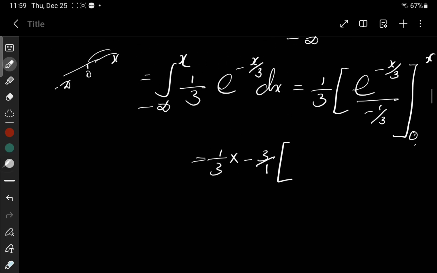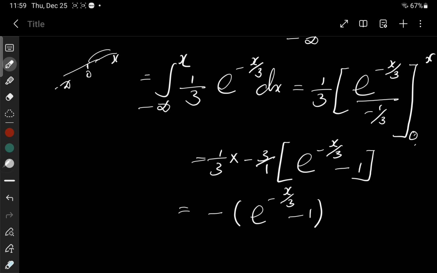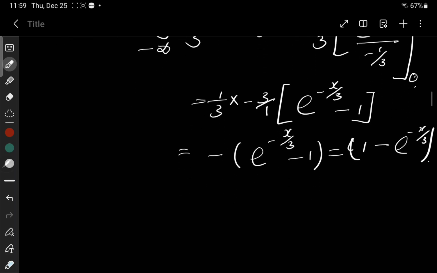Apply the limit: e power x we replace x itself, and then e power 0 is 1, minus 1. The 3 cancels, so minus, e power minus x by 3 minus 1. Multiply with minus 1, minus into minus is plus, and we get 1 minus e power minus x by 3. So this is the F of x for x greater than 0.